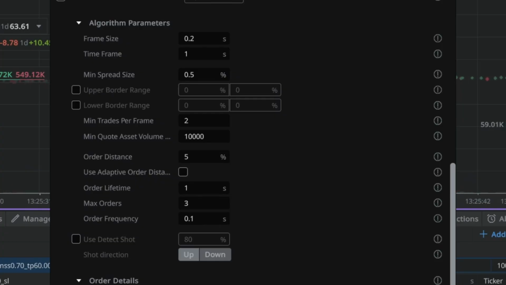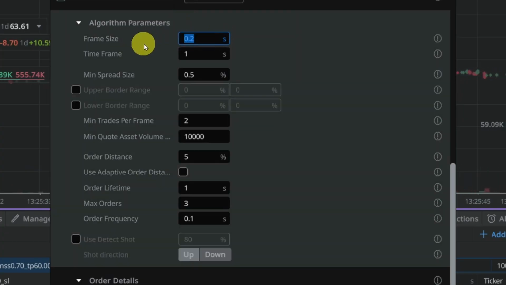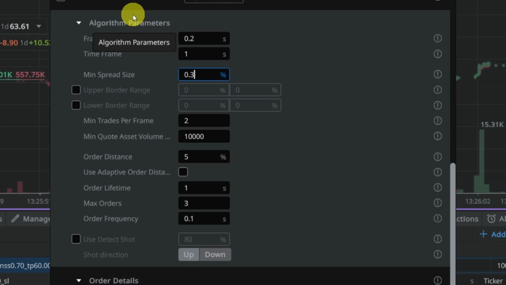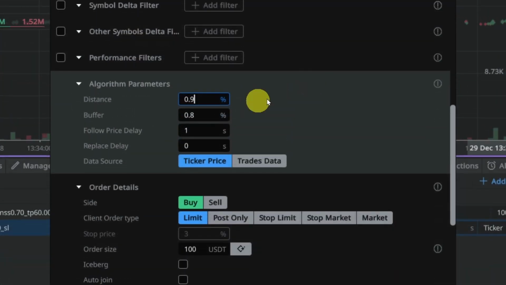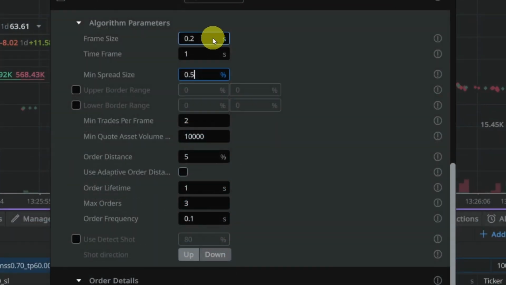Now, which frame size and which minimum spread size will lead to more trades and which will lead to fewer trades? With the spread size, it is a no-brainer. The smaller the spread size, the more frequently it will occur. In this respect, it is somewhat akin to distance in regular shots. With frame size, it seems to be a function of its relative size to the time frame.